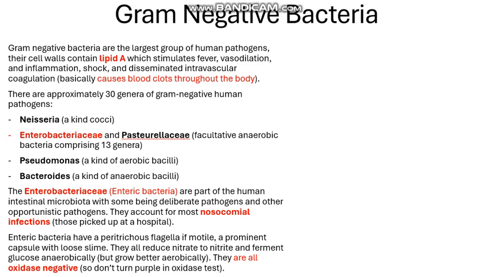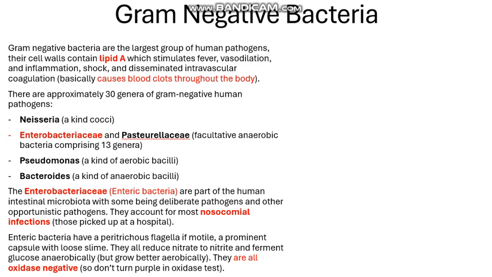A few examples are Neisseria, which is a kind of cocci, with a spherical shape, the same as Staphylococcus and Streptococcus, except it's gram-negative. The Enterobacteriaceae and Pasteurellaceae, which are facultative anaerobes comprising 13 genera, which we're going to cover in quite a bit of depth in this playlist, but probably not in this video.